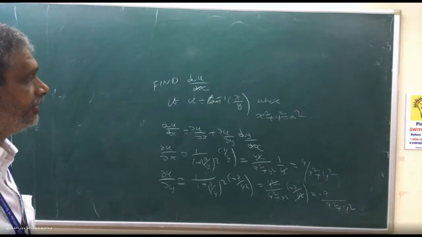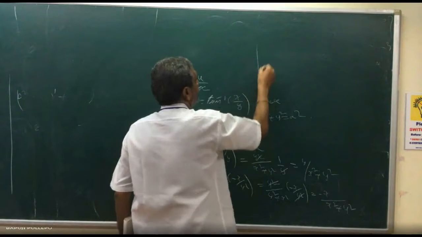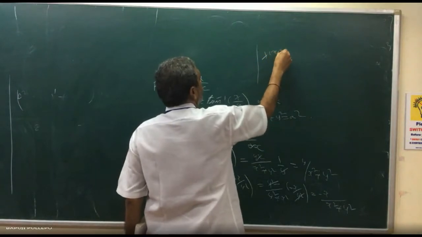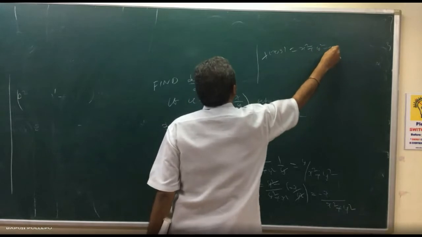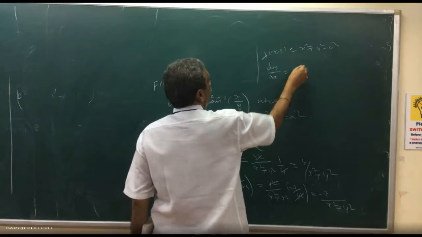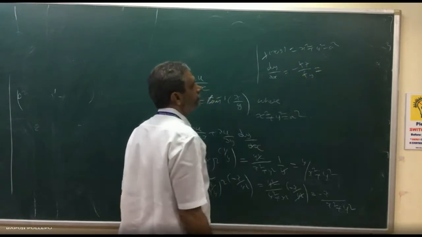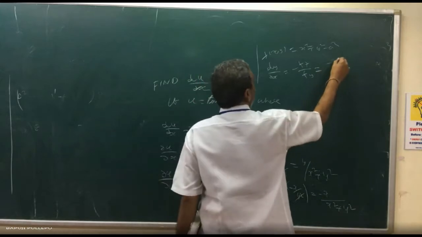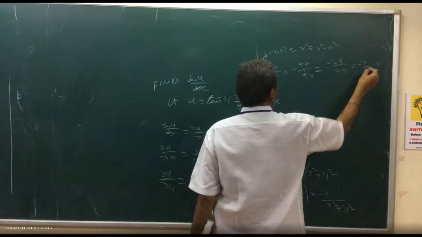Now, dy by dx, what will you get? From this you can do. dy by dx is what? Minus fx by fy. That is equal to what? Minus 2x by 2y. That is minus x by y.